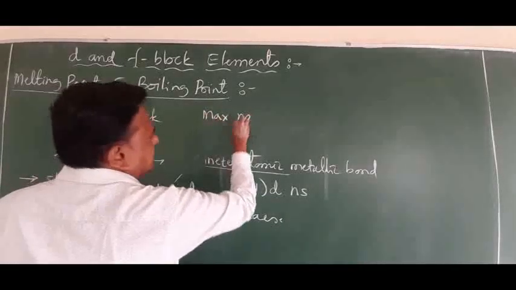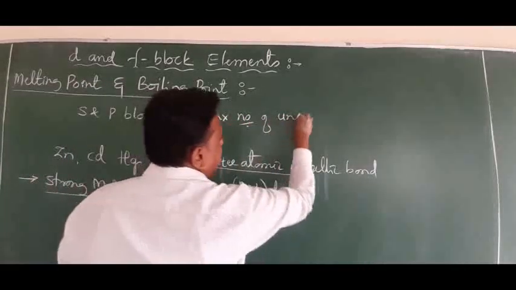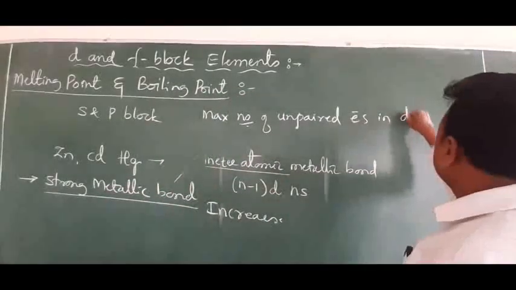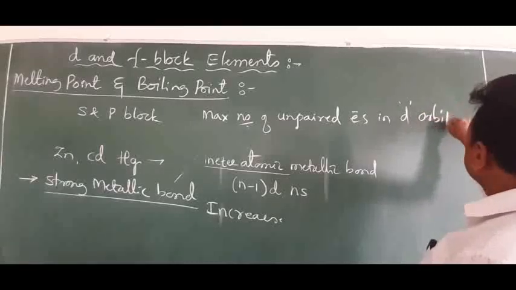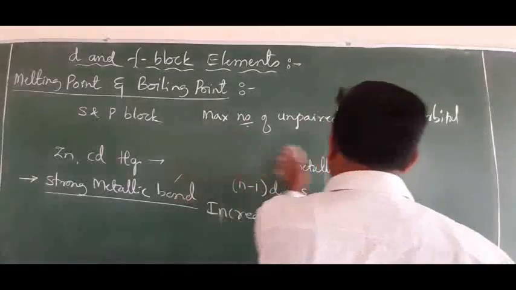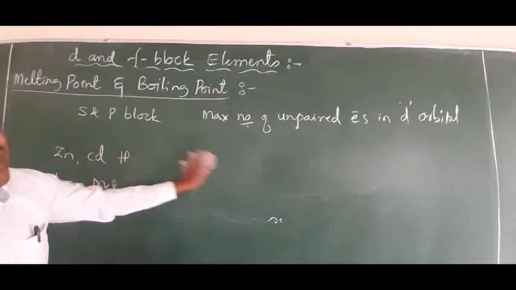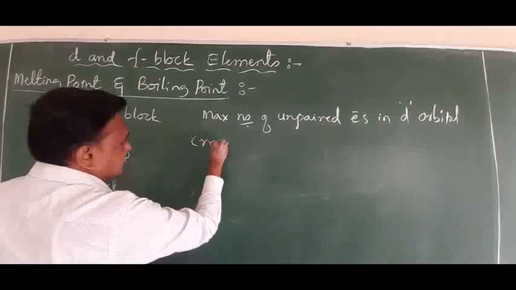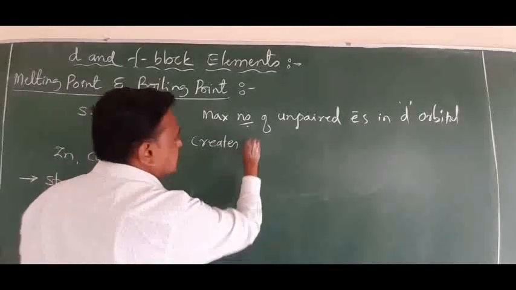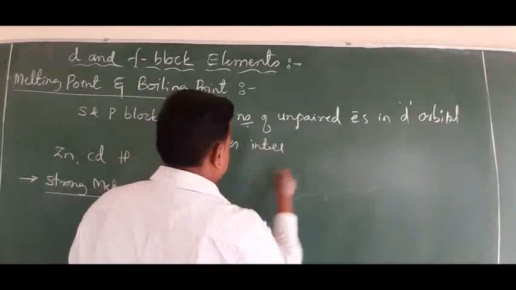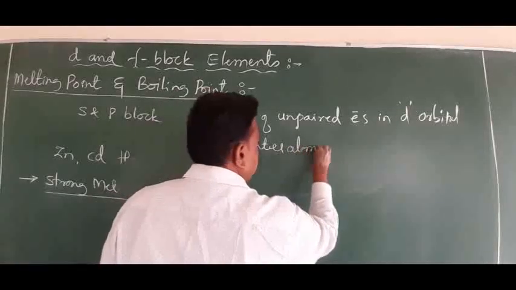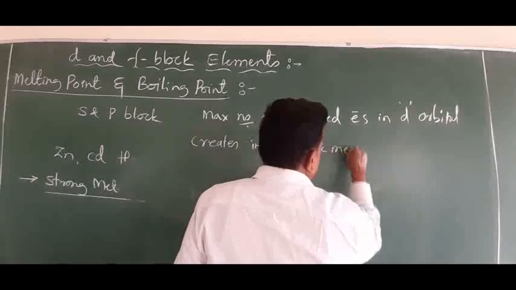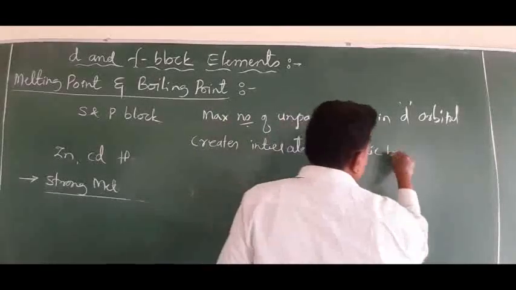Maximum number of unpaired electrons in a d orbital creates interatomic metallic bond.